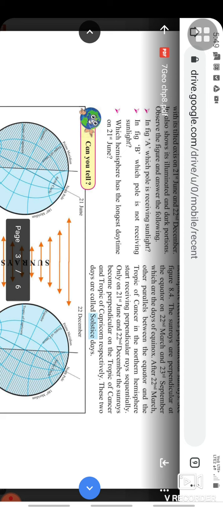After 22nd March, other parallels between the equator and the Tropic of Cancer in the northern hemisphere start receiving perpendicular rays sequentially. On 21st June and 22nd December only, the sun rays become perpendicular on the Tropic of Cancer and Tropic of Capricorn respectively. These 2 days are called solstice days.